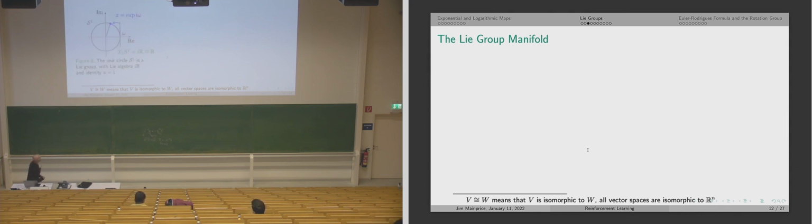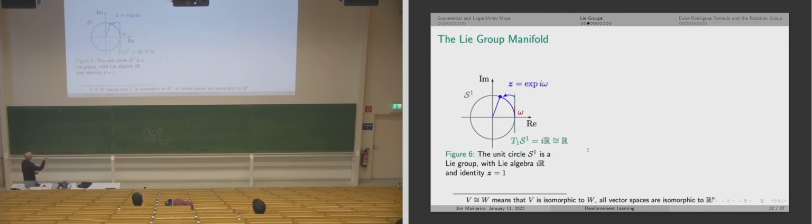As I said, the unit circle is a Lie group, and the exponential map maps the tangent space at the origin, which is this line, the pure imaginary line, to the distance that you would go on the circle, so what would be the particular point if you applied the tangent element here?